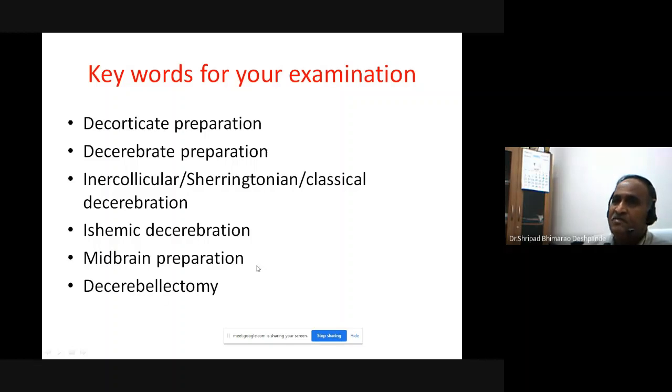Then midbrain preparation, that is just above, the supracollicular sectioning, and decerebellectomy. These are some of the preparations. I did not cover the spinal preparation, which requires separate treatment. This will come with spinal shock and other components.